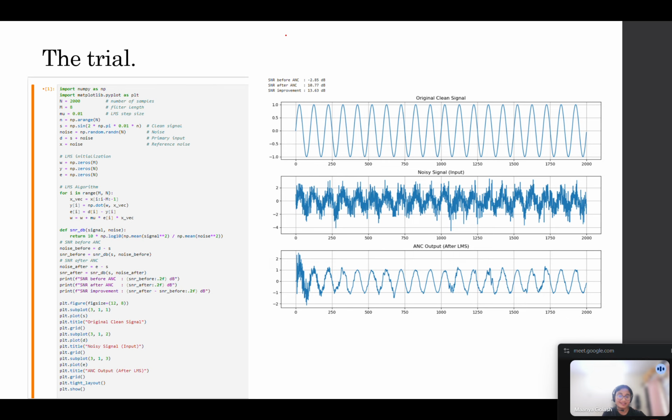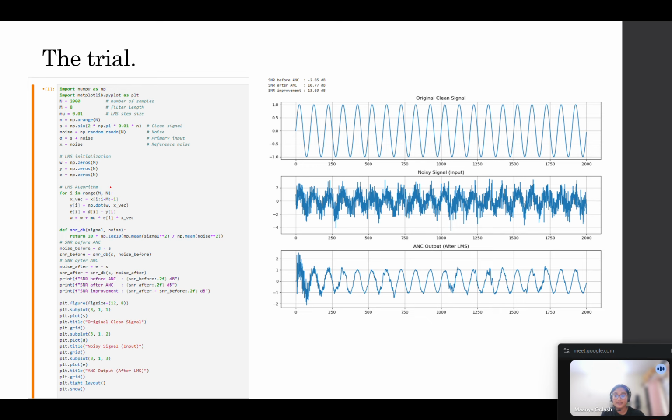Now what we spoke about is theory. So here I have demonstrated a small experiment using a clean signal initially, which is a sine wave, and added some random noise to it, which gives the noisy signal that acts as the input to our adaptive noise cancellation filter.